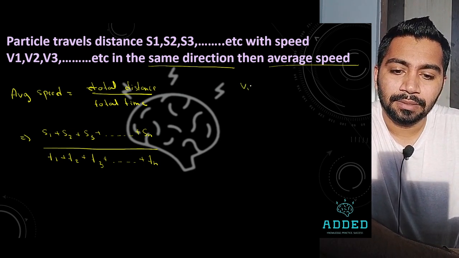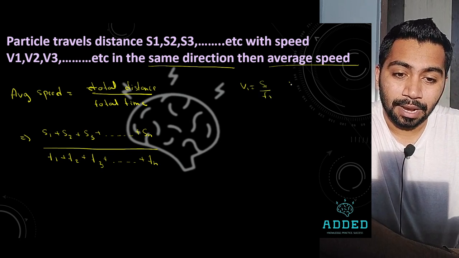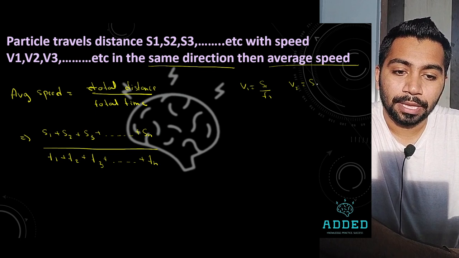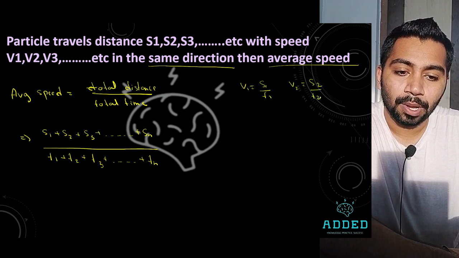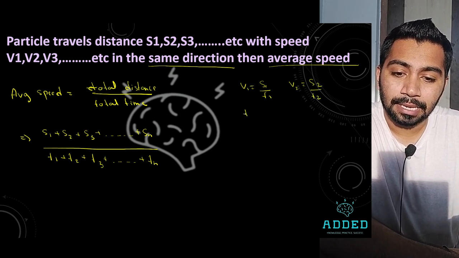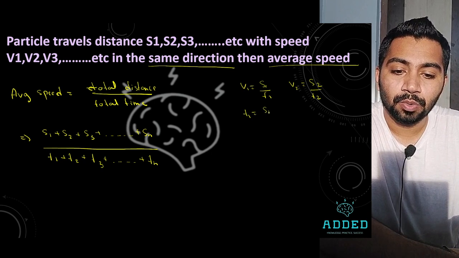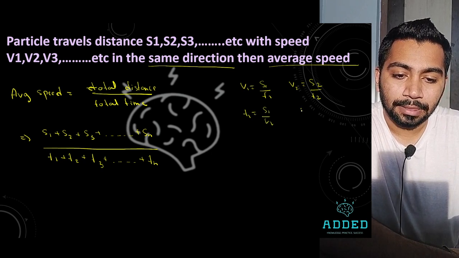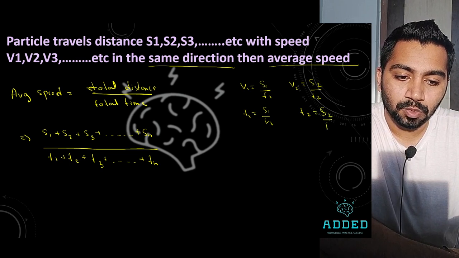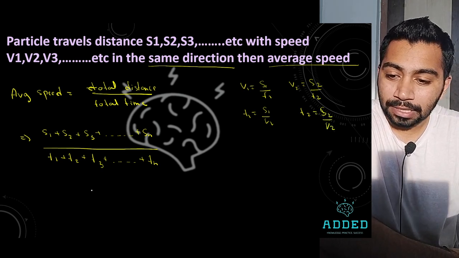Velocity v1 is equal to s1 by t1, velocity v2 is equal to s2 by t2. Can I write this as t1 is equal to s1 by v1, and t2 is equal to s2 by v2? Yes. Now can I substitute?